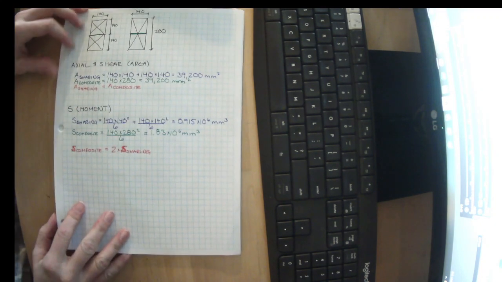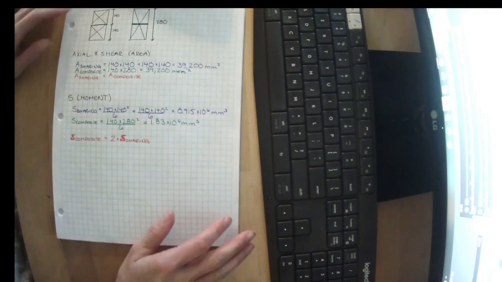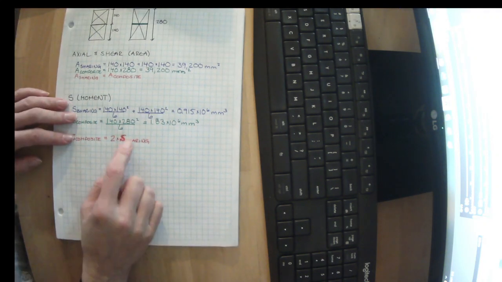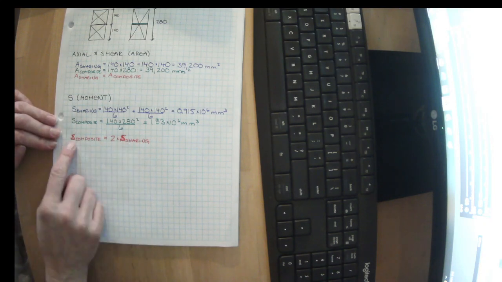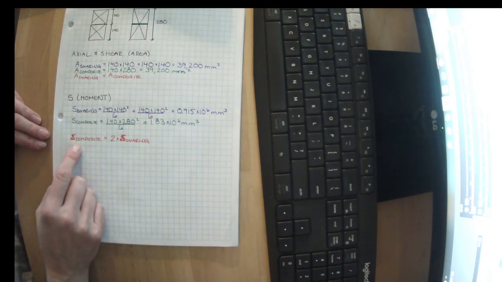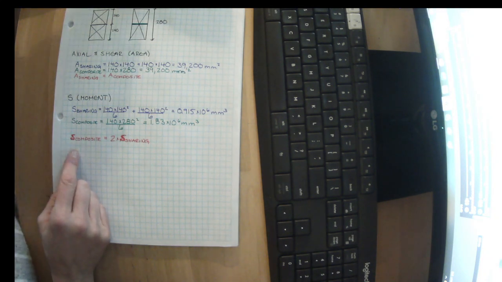By making it composite, we've increased S, or our section modulus, which is just a shape property of our element, but we know that this is used to calculate bending. So if we've doubled S by making it composite, that means we've doubled the capacity.